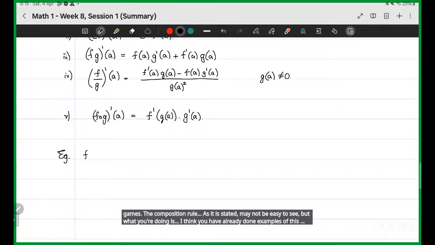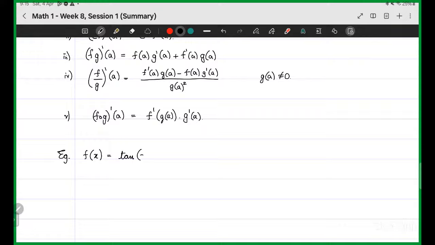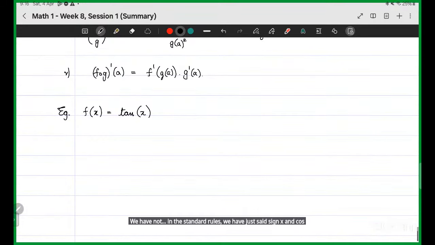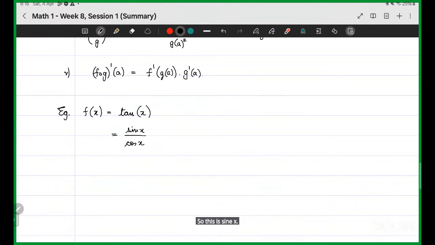Let's take some simple example. Tan of x squared. Let's say something like this. So how would you differentiate this? First of all, let's do tan x. In the standard rules, we have just said sin x and cos x. But using sin x and cos x, can I do tan x? Yes, sir. So this is sin x by cosine x.